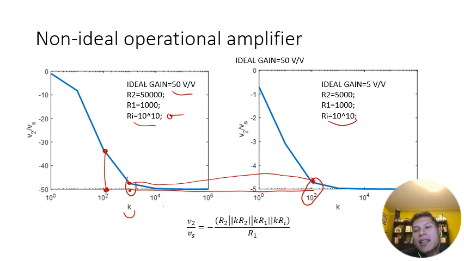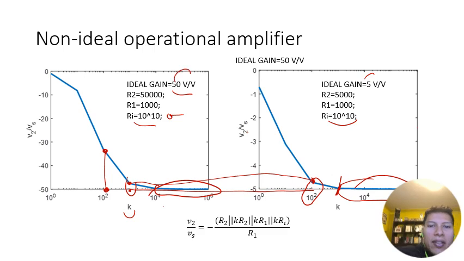Do realize that the thing behaves as infinite as long as you ask for a gain that's much smaller than K. If we ask for a gain of 5 and K is 1,000 or greater, we're going to get a gain of very close to 5.